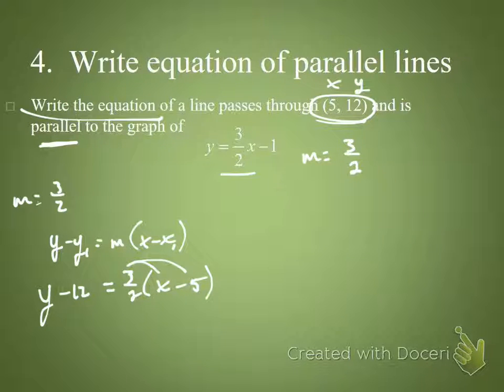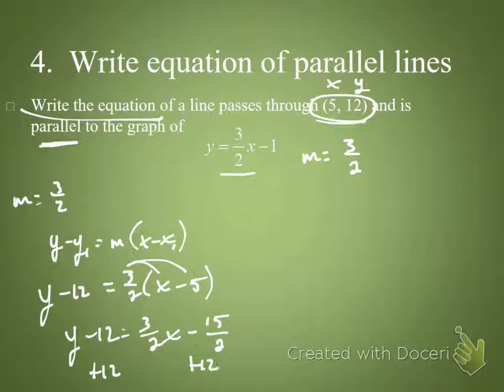Distribute the 3/2 here. And you get 3/2 x minus, multiply the -5 times the 3 there and get -15, and then leave the denominator because you can't divide that out and get a whole number, right? All right, then what's left? You got to add 12 to both sides. That means we're going to come over here to the side and take -15/2 and add 12 to it.